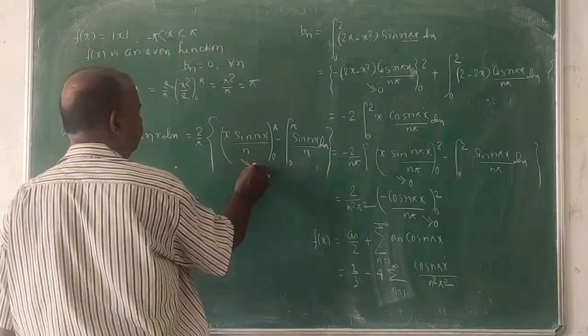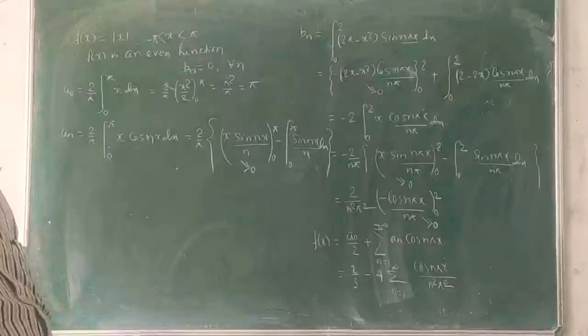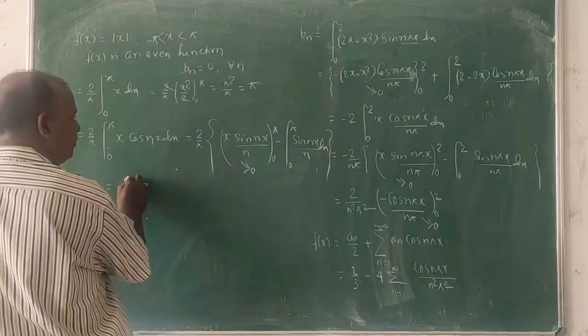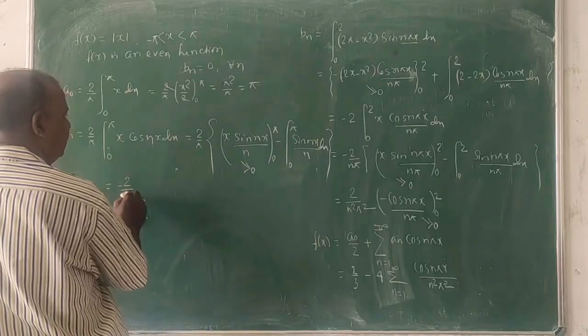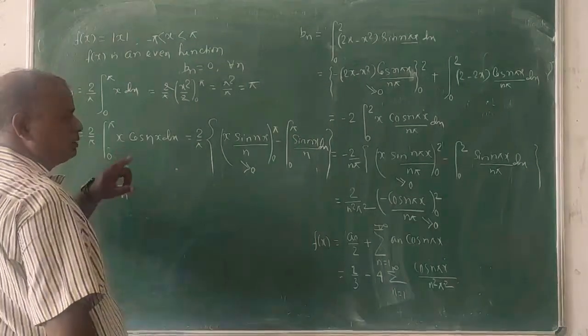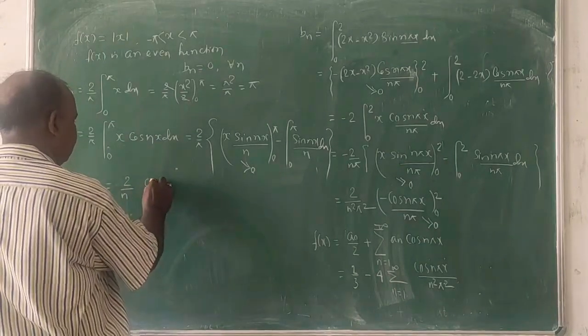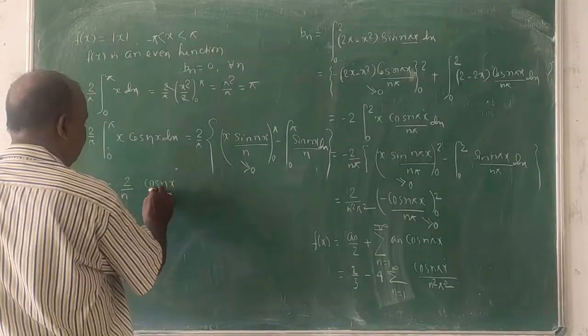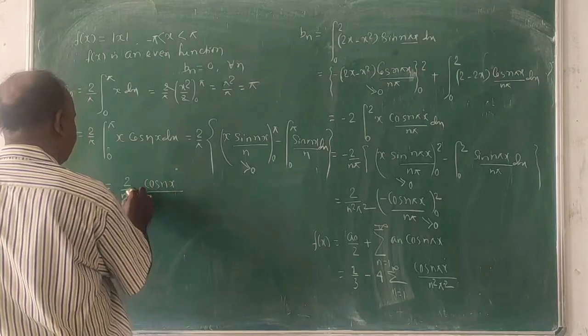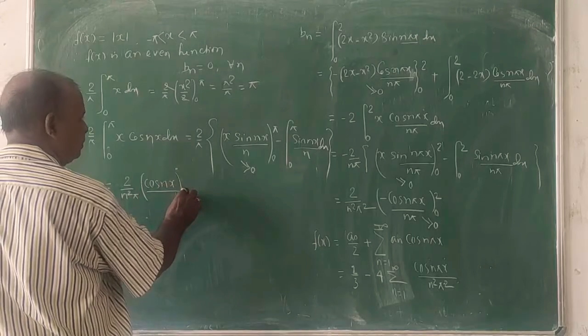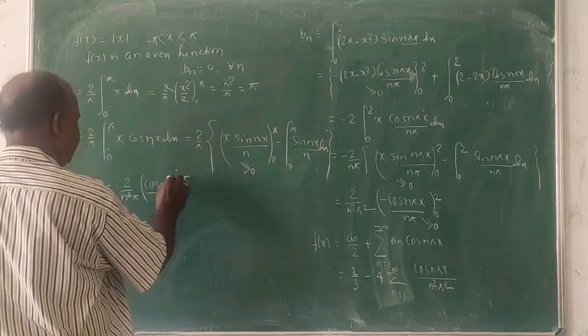This part is 0 because sin pi is 0 and sin 0 is 0. So you are getting minus 2 by pi. Minus sin nx integration is cos nx, so cos nx by n square, range 0 to pi.